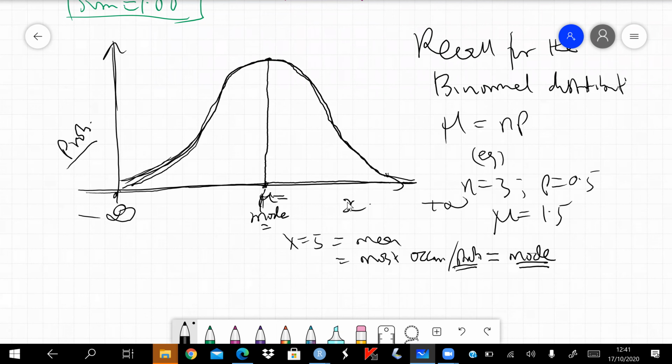So it's also equal to the center of the distribution, and that's called the median. So we are observing that if you do this binomial experiment for a large value of n, you will end up with this kind of symmetrical curve, where the line of symmetry is x is equal to the mean, or the mode, and the median.